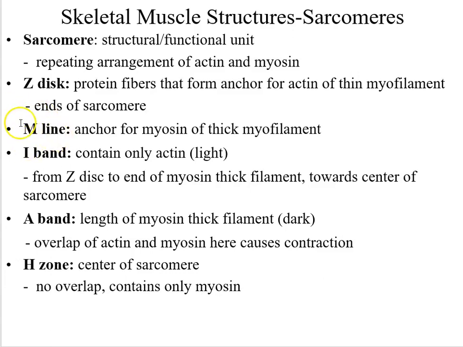In the middle, we have the M line, which is an attachment point for myosin of the thick myofilament. So think M for middle, M also for myosin of the thick filament.